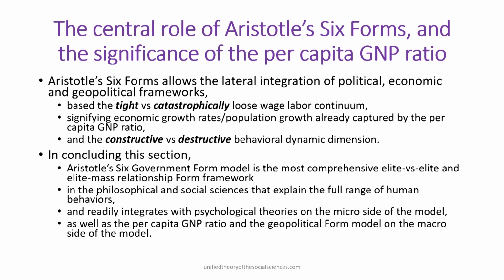Aristotle's six forms of government allows the lateral integration of political and economic and geopolitical form frameworks based on the tight versus catastrophically loose wage labor continuum, signifying economic growth over population growth rates of change, and the constructive versus destructive behavioral dynamics.